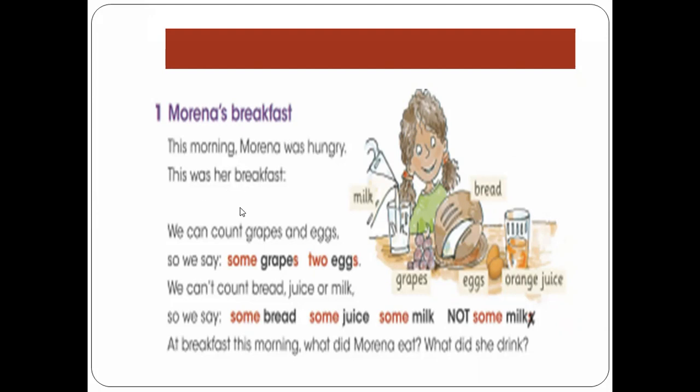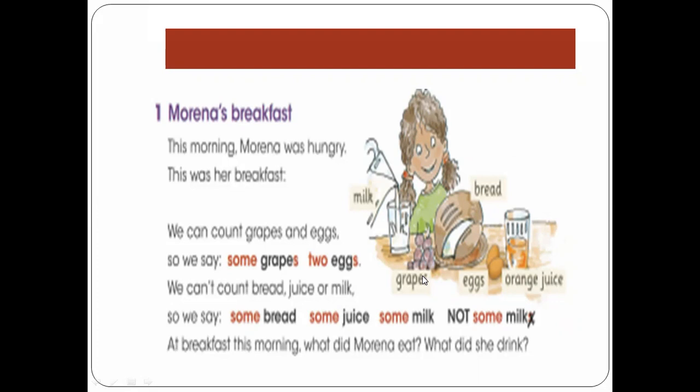We can count grapes and eggs, so we say some grapes, 2 eggs. We can't count bread, juice, or milk, so we say some bread, some juice, some milk, not some milks. We cannot say milks, okay? We can say some milk.